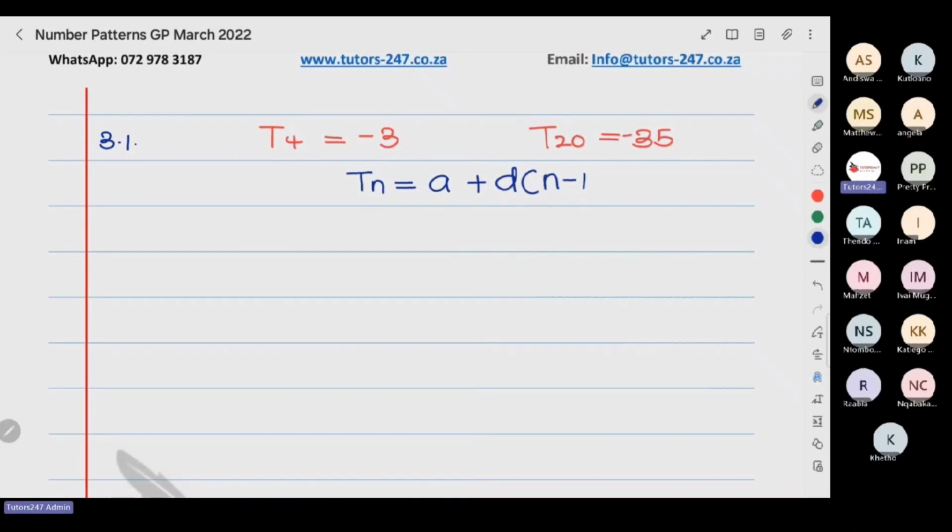From here, I'm going to start with T4. So I'm going to substitute n equals 4, and I'm going to substitute T4 equals -3. You'll see from that, we will end up with two variables within our equation.